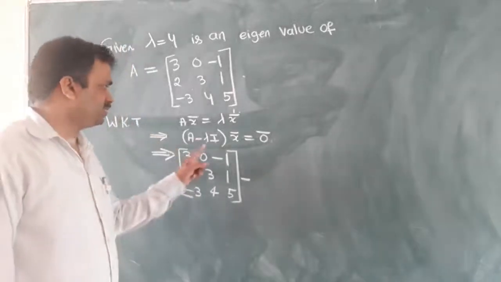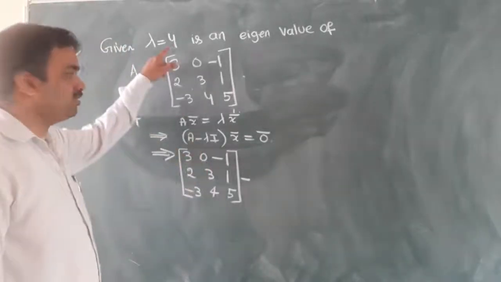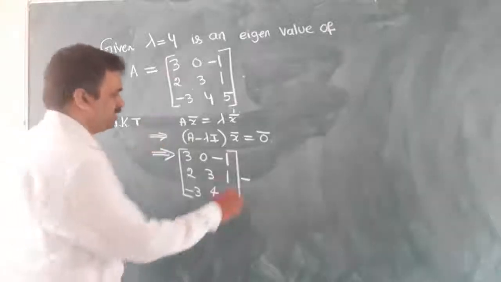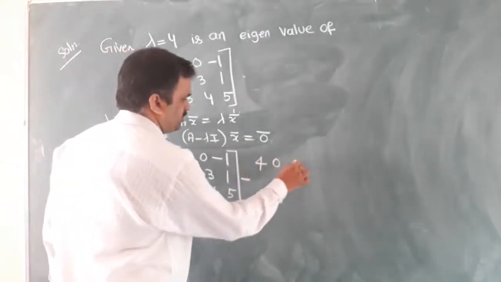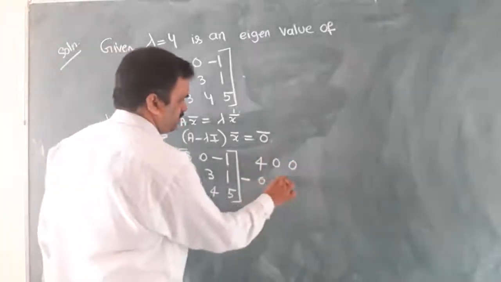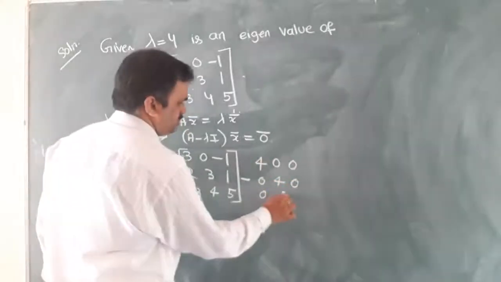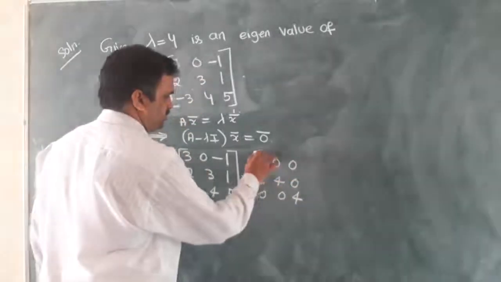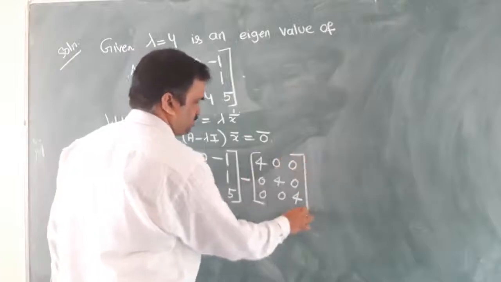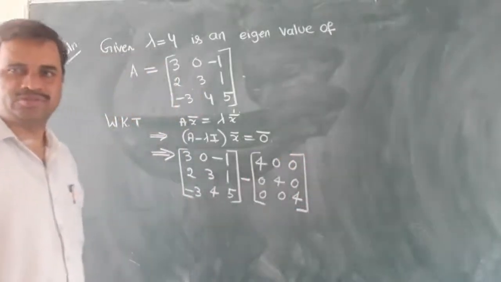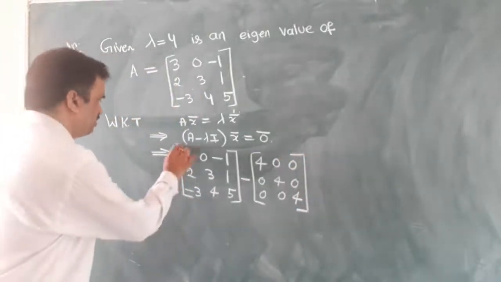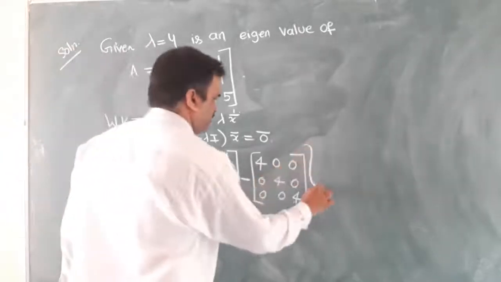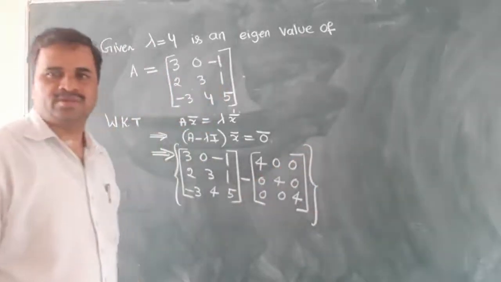We multiply with lambda, which is 4, so we get [4, 0, 0; 0, 4, 0; 0, 0, 4], times x bar.